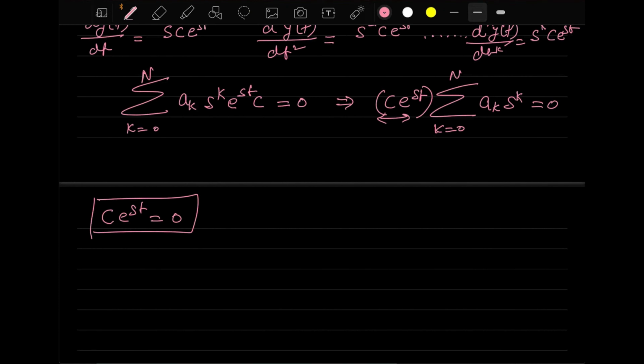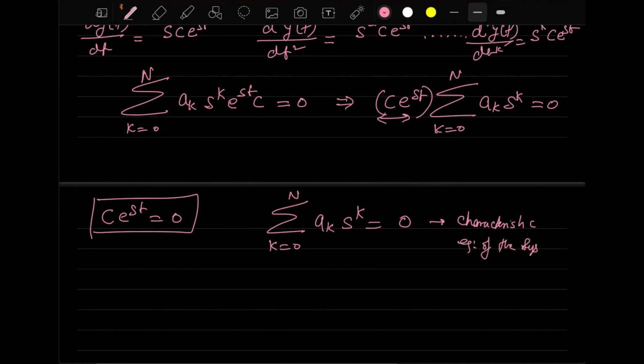So normally what we do is, we make the second term equal to 0. If we make this term 0, this is called the characteristic equation of the system.